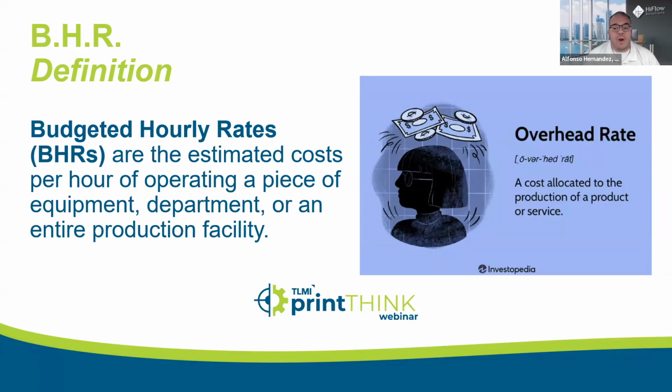A budgeted hourly rate is really based on your actual costs, and what you project are chargeable hours on your machine. You could incorporate profit margin, but from our experience, it is added later in quoting.